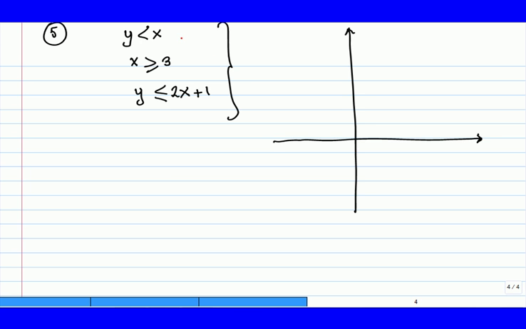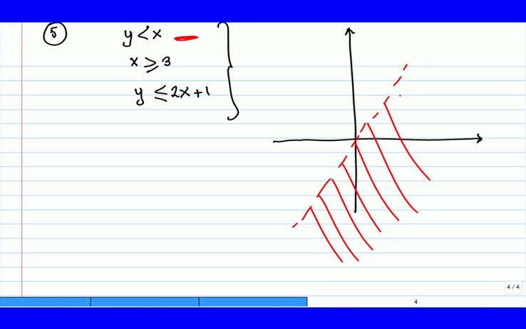What does that mean? So I'm going to do this in the red. Y is less than x. Y equals x looks like this. You understand that, right? Since it doesn't have an equal, it's going to have a dotted line. Y is less than x, so you do your test point, and it ends up getting shaded like this. How do you decide that you shade this side? You have a test point.